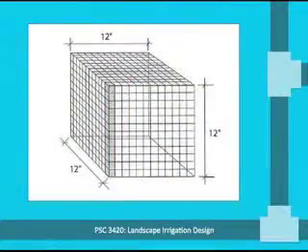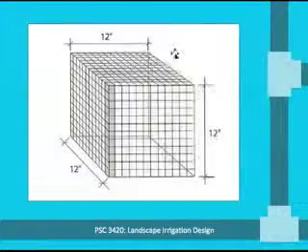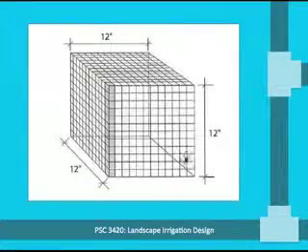If you can imagine this cube being full of water, and also make note that it's 12 inches long, 12 inches high, and 12 inches wide. You can imagine that there is 1 cubic foot of water resting at the base of this cube. Now from the previous slide, we know that 1 cubic foot of water weighs 62.4 pounds.